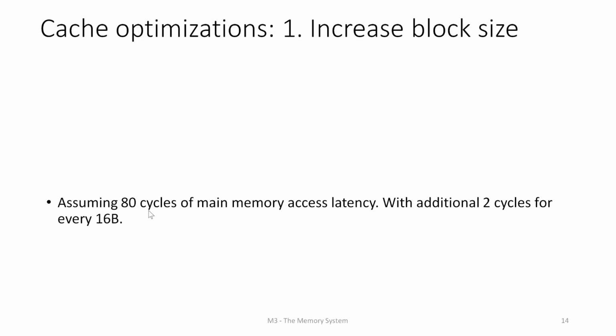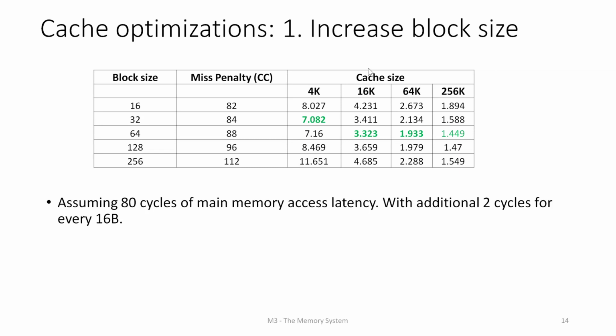So assuming that the main memory would need 80 cycles to access, and it will be able to send 16 bytes of data in 2 cycles, with the previous results, if we calculate the AMAT for various block sizes, this is the miss penalty based on the latencies which we considered.